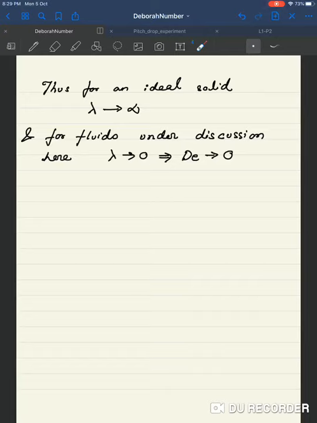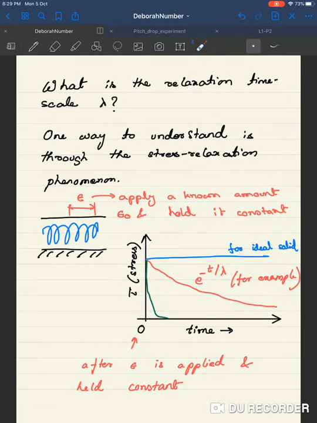So here I'm just trying to put things in perspective of a broader class, and there are obviously a huge class of materials where lambda is not 0 with respect to the observational time scale, and they look like fluids, but they will not be the kind of fluids that we are discussing right now. So there the Deborah numbers are not close to 0.